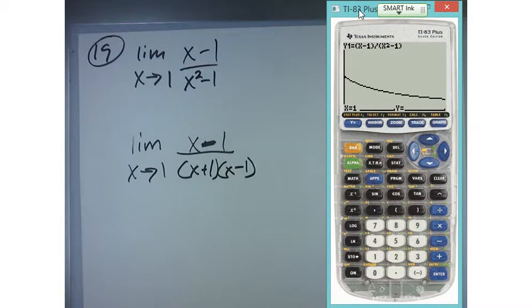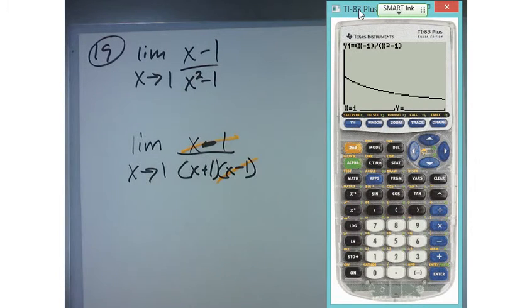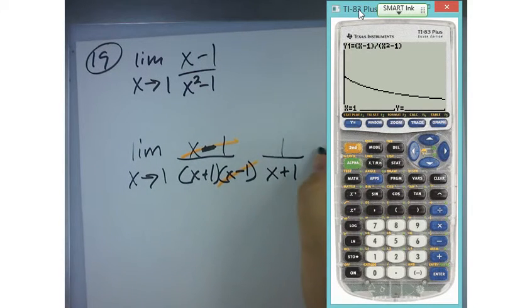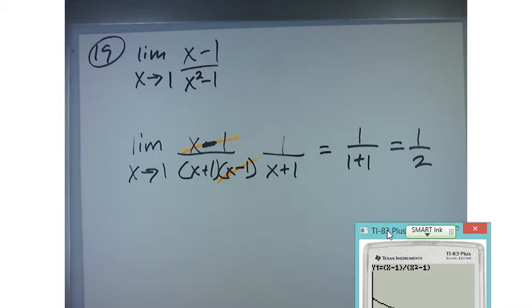Hey, wait a minute. I've got an x minus 1 on the bottom and an x minus 1 on the top. I could reduce that. Okay? So if I reduce that, I literally have 1 over x plus 1. And if I plug the 1 in now, I get 1 over 2. Okay? See what I've got there?